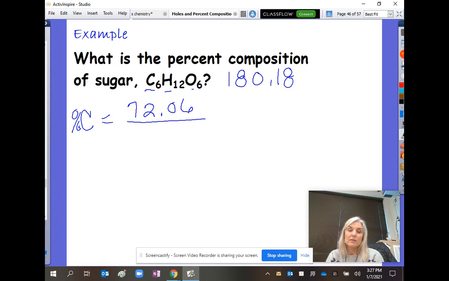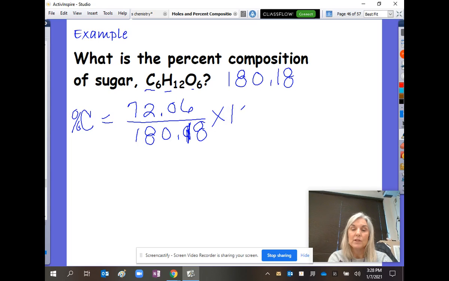Carbon has a molar mass of 12.01, but times the 6, that gives us 72.06. Then we place our total molar mass of the compound, sorry, that should be an 18, and then times that by 100, and then that gives us 39.99%.